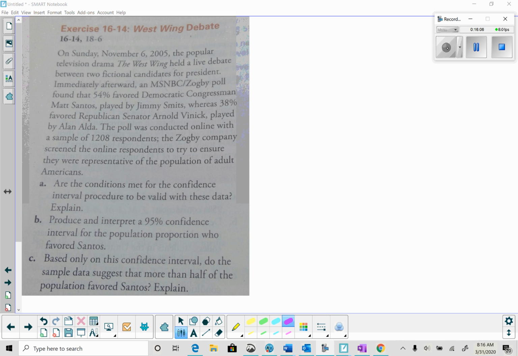All right, then people also had questions on number 14. I found this one fascinating because I watched The West Wing when it was on broadcast television. And again, they took this huge chance of broadcasting an episode of the show live. That wasn't done.